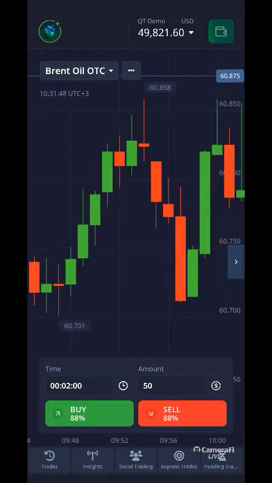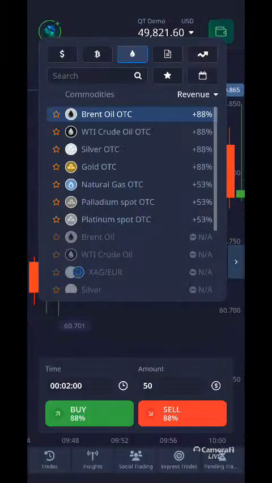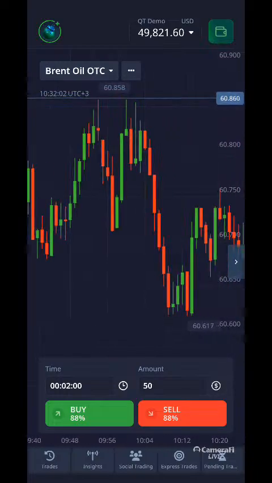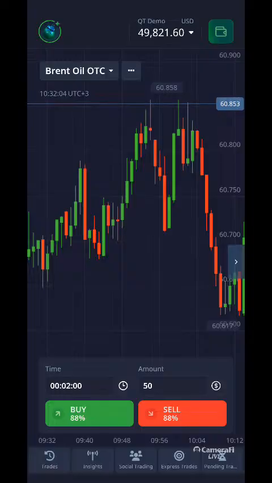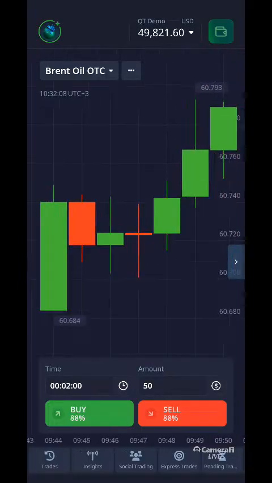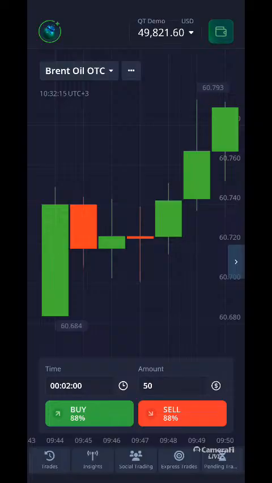Then we would be zooming into the lower time frame. This is a 1 minute chart, as you can see right here. Brent oil is on OTC, right? So the other black box is right here: this bearish candle, the big one, then the bullish doji, and then the bearish doji.